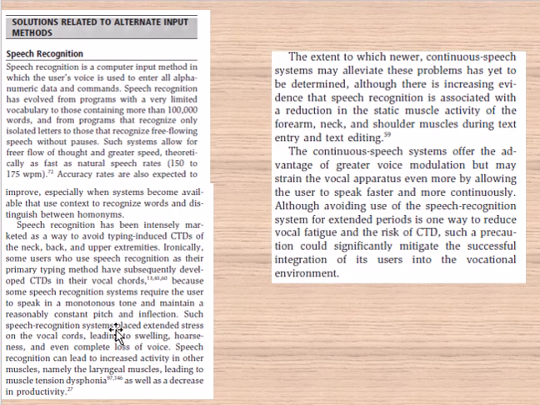Such systems place extended stress on the vocal cords, leading to swelling, hoarseness, and even complete loss of the voice. Basically, speech recognition can lead to increased activity in other muscles, namely the laryngeal muscles, leading to muscle tension, dyspnea, as well as dysphonia, and a decrease in productivity.